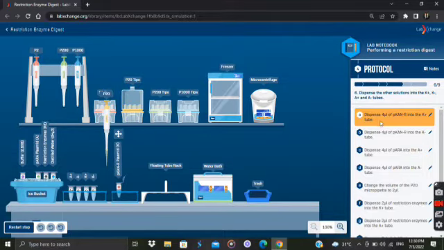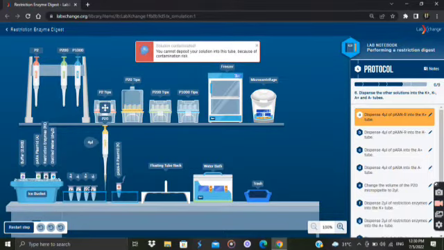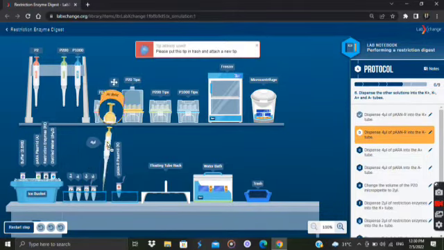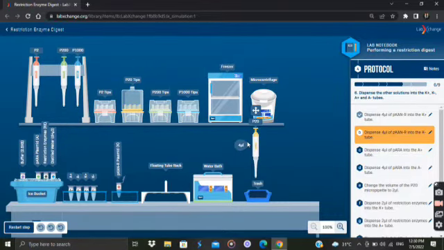Then we are going to dispense 4 microliters of the buffer into the K positive tube. Going to eject the tip and attach a new tip to the micropipette, because we are going to dispense 4 microliters of the same buffer into the K negative tube.